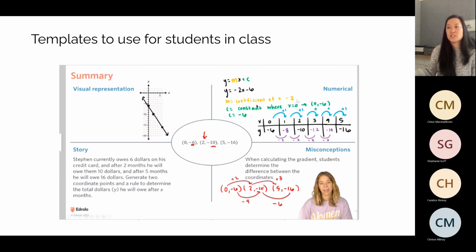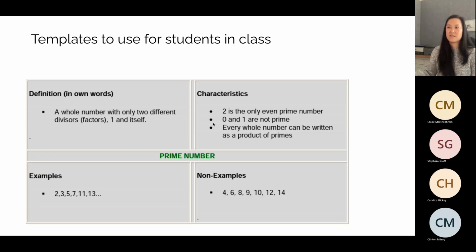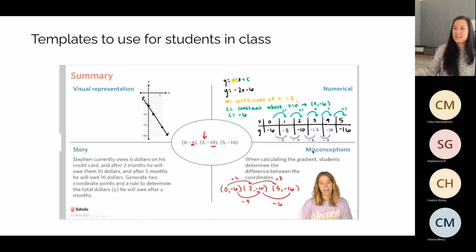How would you find coefficient? Why is it rise over run? There's so much learning that can come from using one of these models. And then at the end, where he talks about misconceptions, this is the non-example, right? What is it that you've done wrong and why is that important?